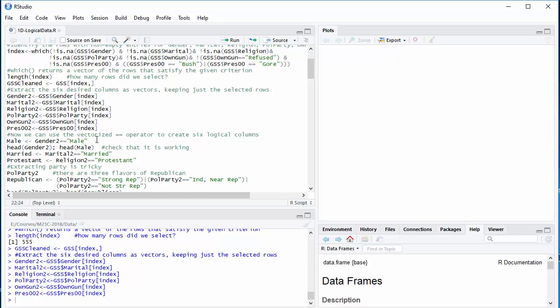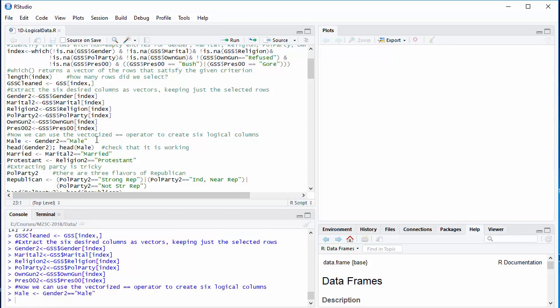I almost never do anything in R without checking that it worked. One of the reasons I think you'll find this friendly to work with, even if you've never programmed in any language before, is you run it a line at a time and you test every line as you use it, so that if you make a mistake, you know instantly where things have gone wrong.